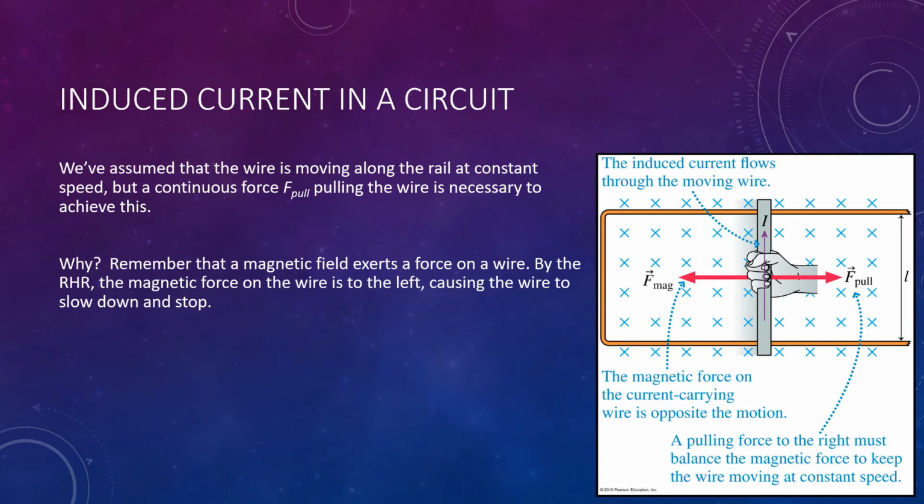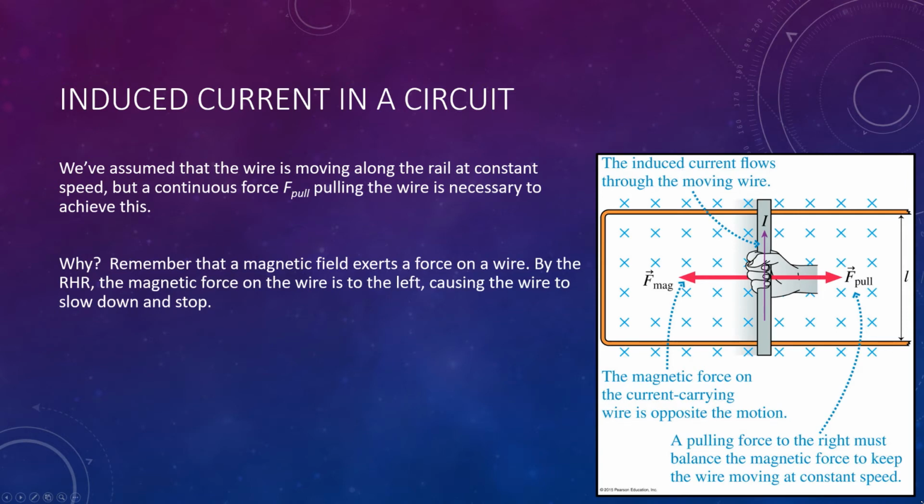In other words, in the opposite direction that it's moving. So you have this force here resisting its motion. So as a result, this wire will try to slow down on its own and come to a stop. So to overcome that, you need to have a pulling force to help assist its motion to the right.